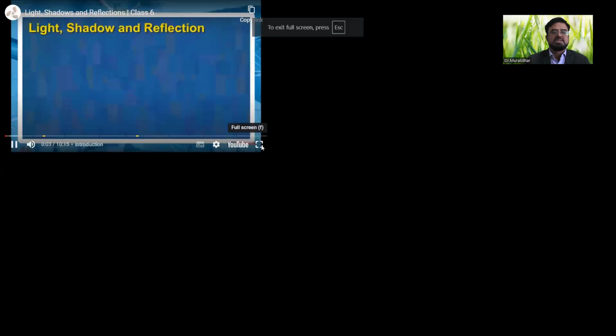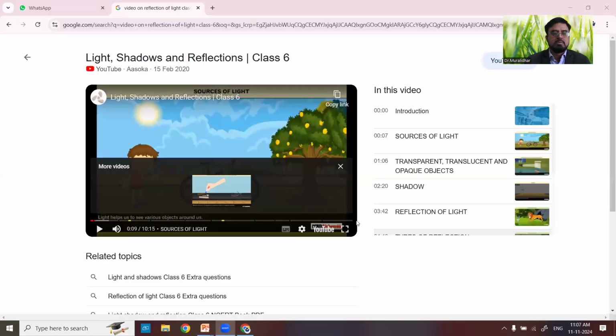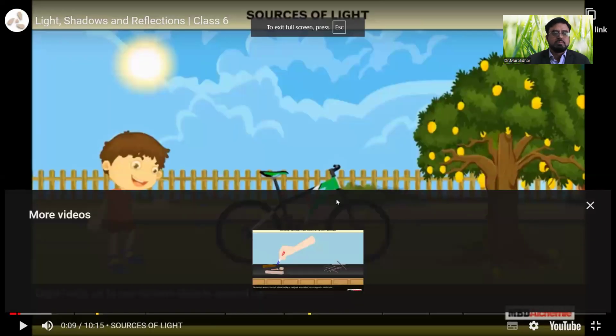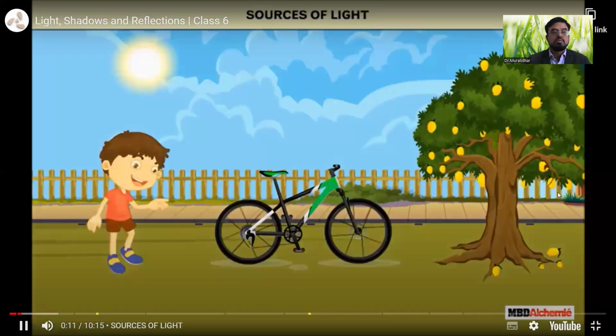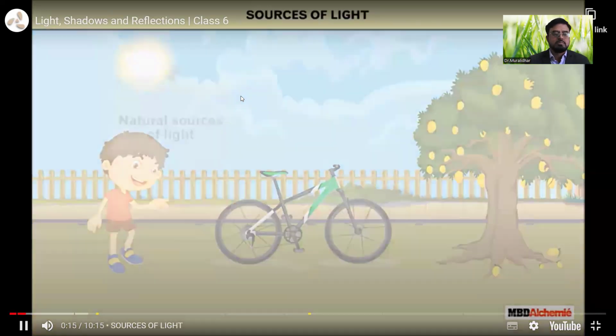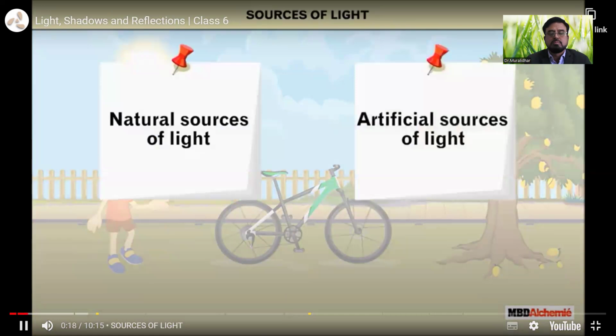Light helps us to see various objects around us. There are different sources of light. These sources of light are categorized as natural and artificial sources of light.